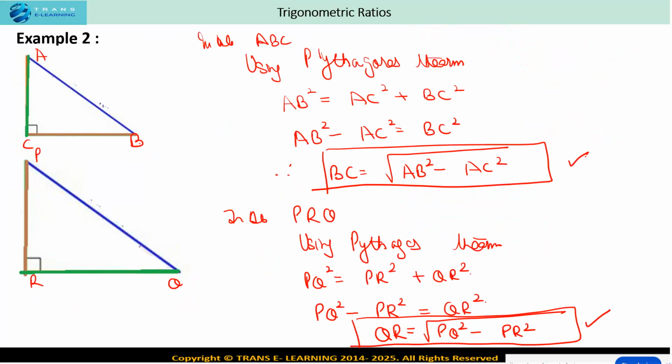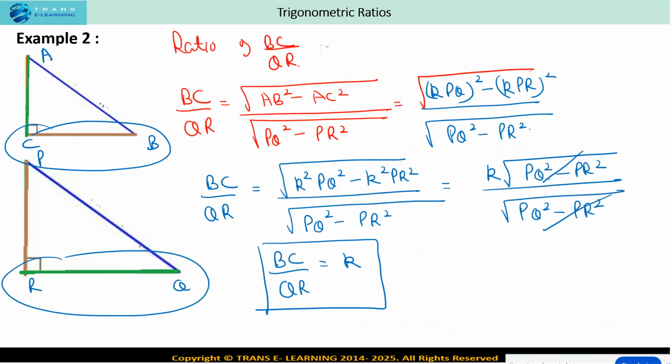Now the third side which was left, I have found out its value taking the Pythagoras theorem. That means BC is equal to square root of AB square minus AC square. Then QR is square root of PQ square minus PR square. Then I have taken that ratio and I've substituted the value of AB square and AC square, and I have cancelled it, leaving only the K. That these two will get cancelled. Now the third side ratio is also equal to K.